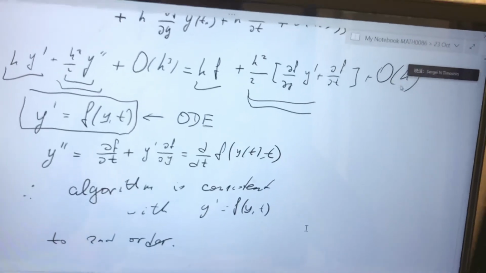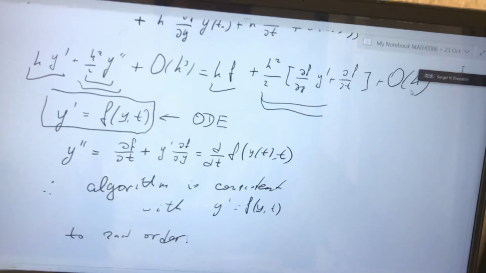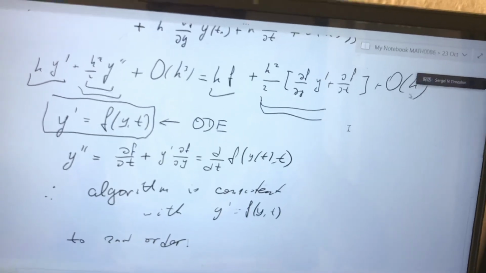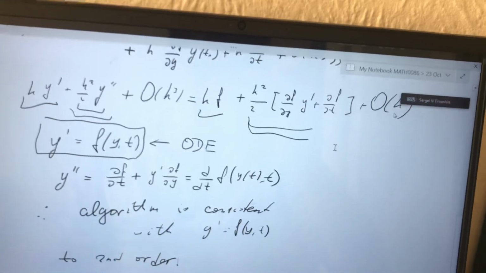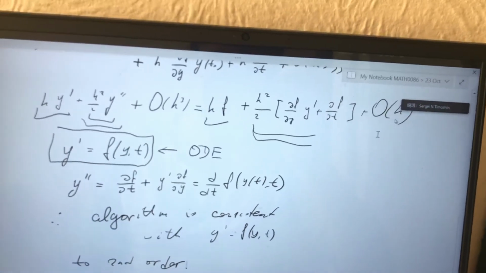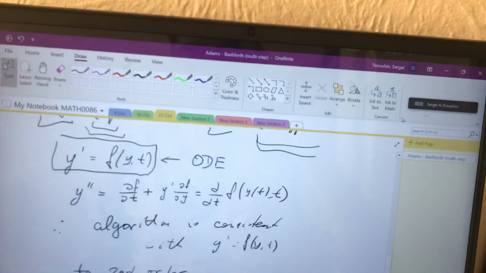That's the difference. That's what I wanted to say. And this kind of question is often asked in the exam: you are shown some algorithm, and the question is, is it consistent with anything? What's the order of approximation if it is consistent? So this is a fairly standard question.